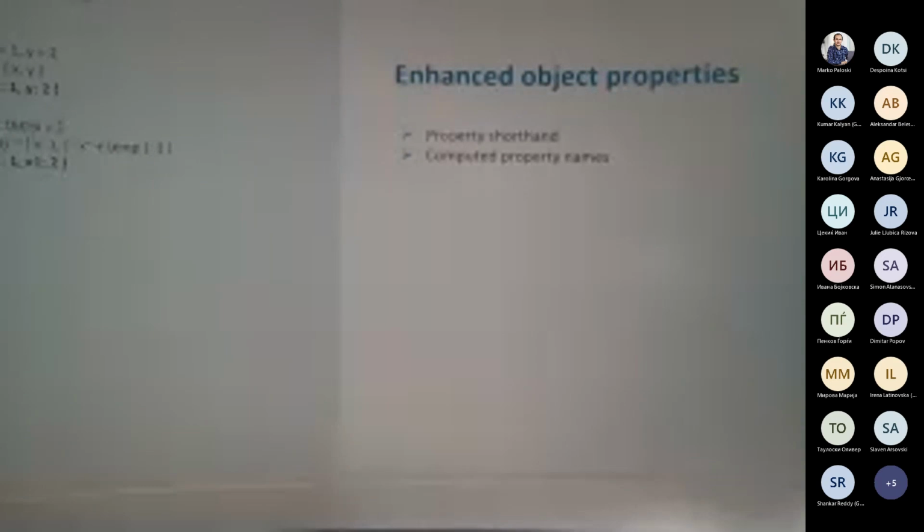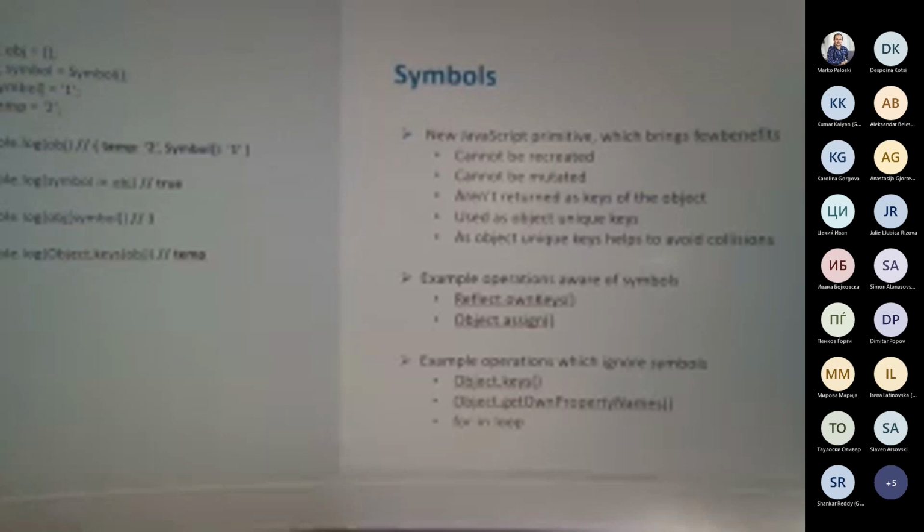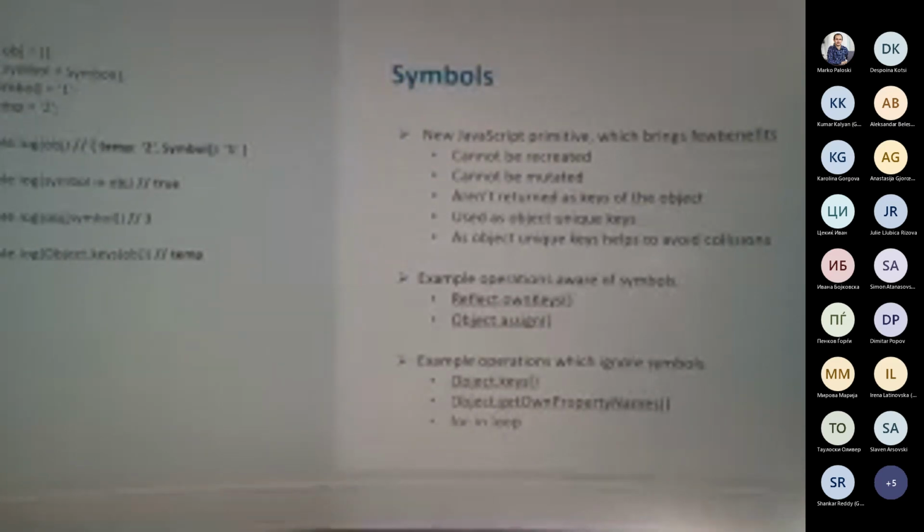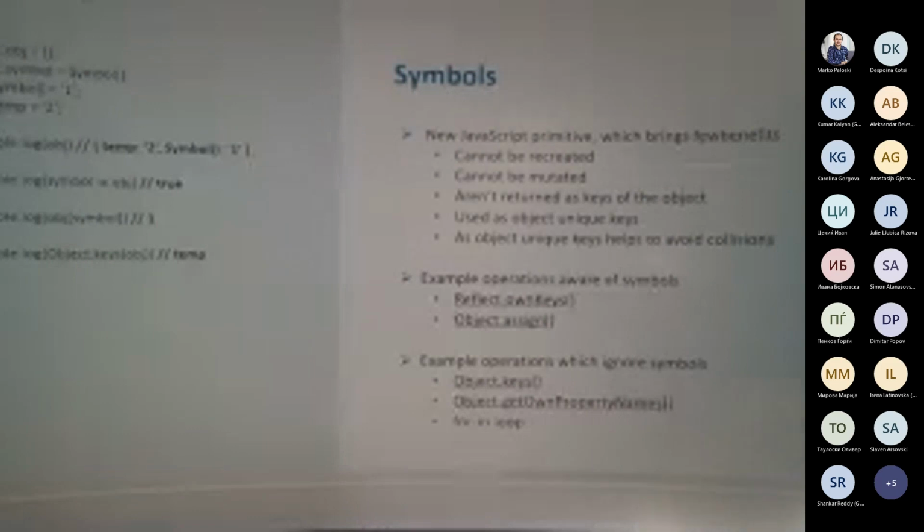Also, there are computed properties. You can write a dynamic name of the property name. So you can have a fixed string and a dynamic string. So yeah. This is actually interesting because we've never seen it before.